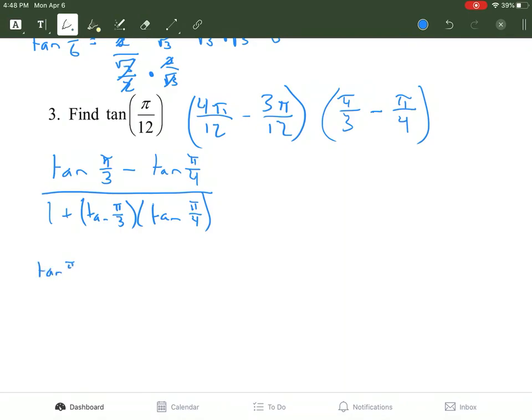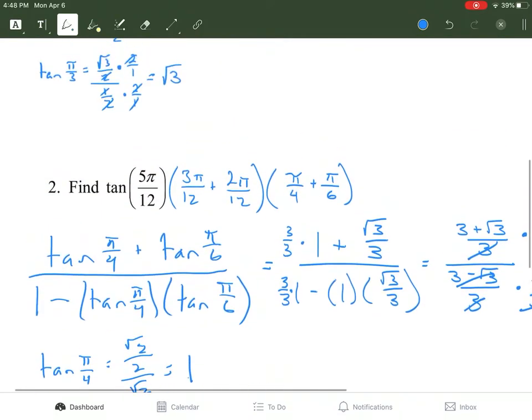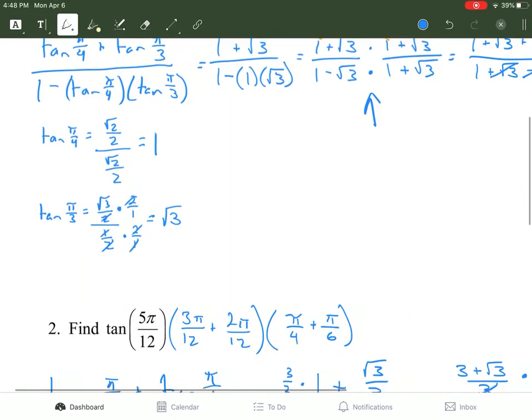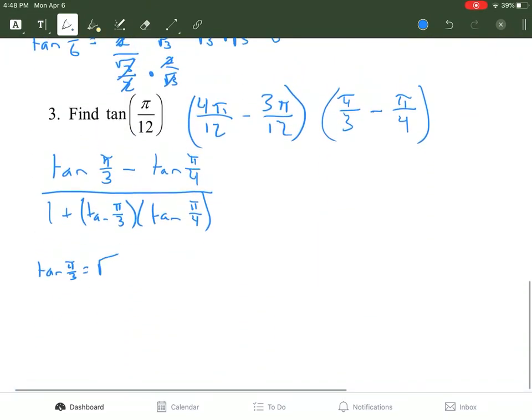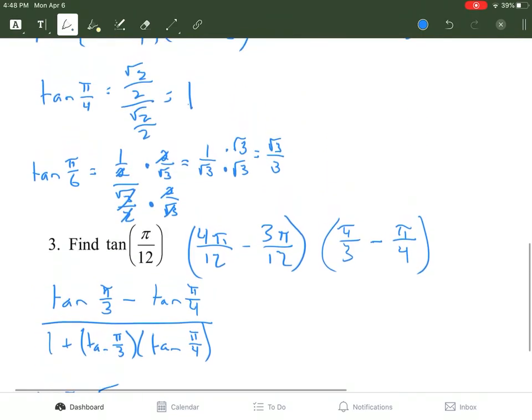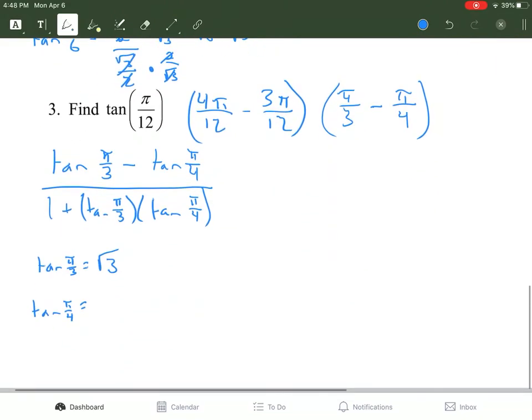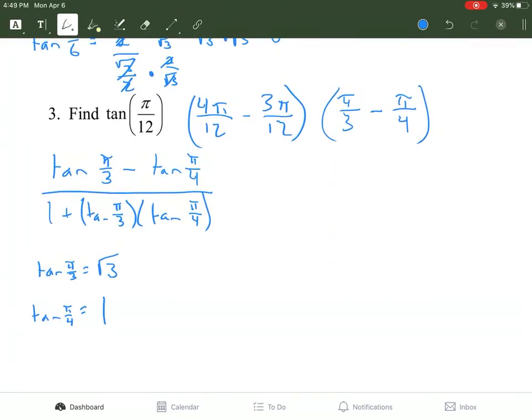All right, the tangent of pi over 3, if we go to the first question, is just square root of 3. So we can put square root of 3. The tangent of pi over 4, from the first question and the second question even, is just 1.